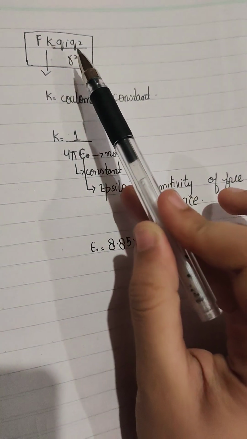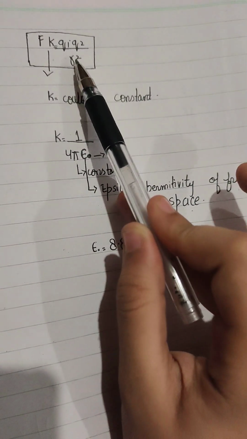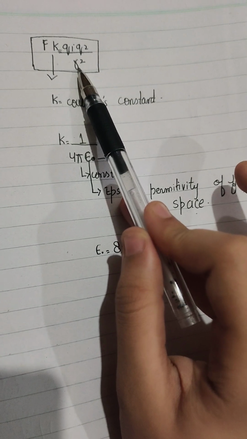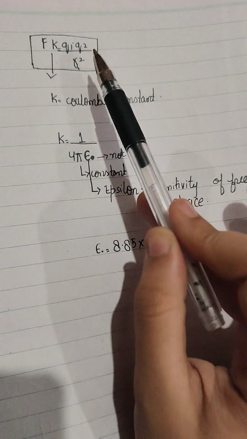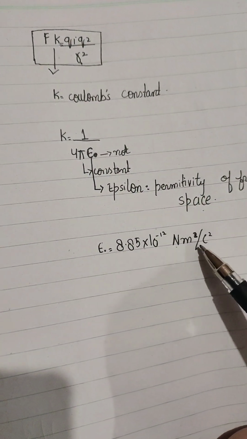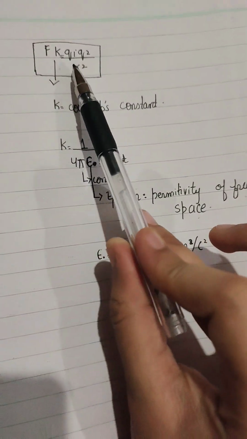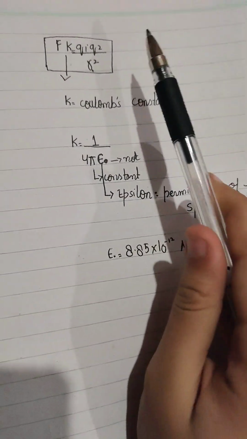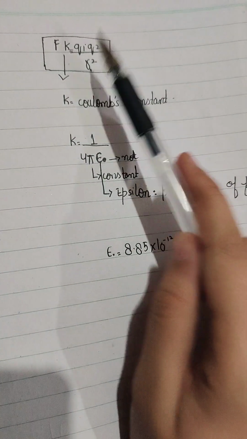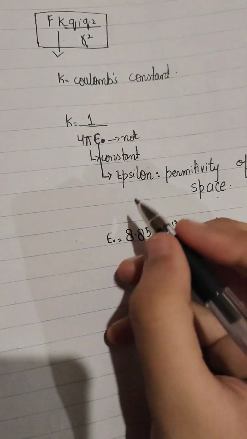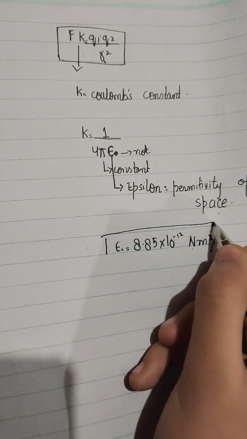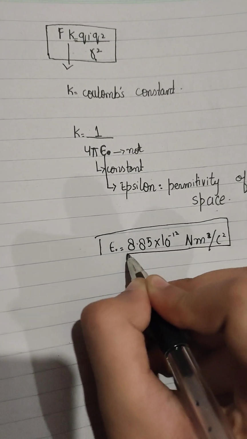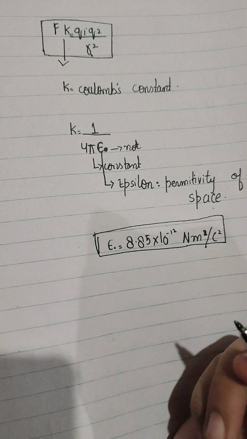Meter is the unit of R, meaning distance, and as the square is placed over R, it becomes meter square. And coulomb square, because coulomb, C, represents charge, so coulomb 1 coulomb 2 gives coulomb square. So this is the value of the permittivity, and this is the constant.